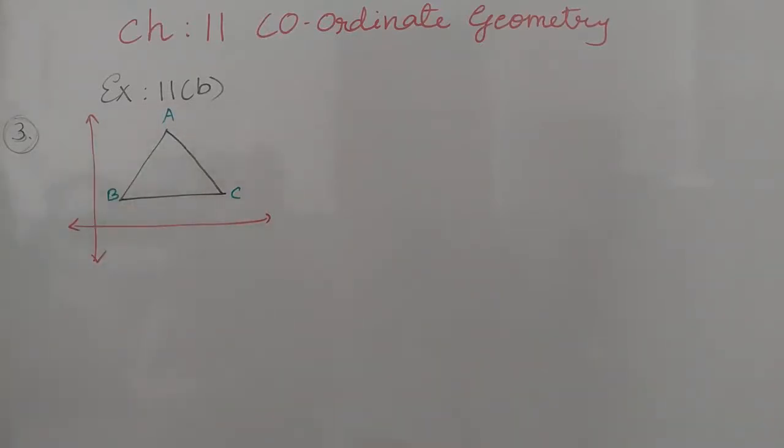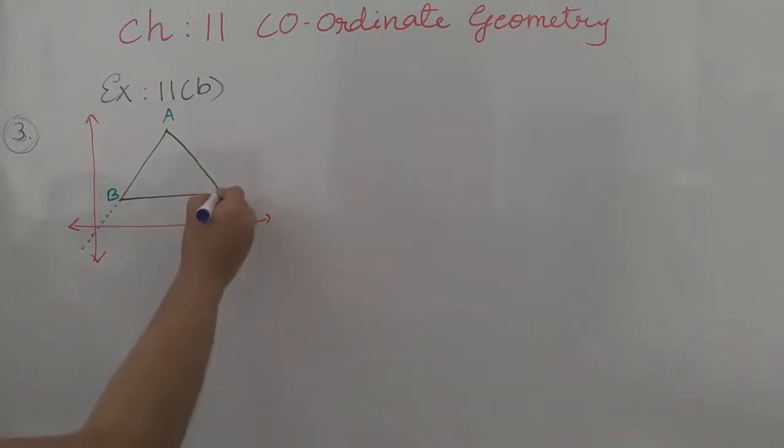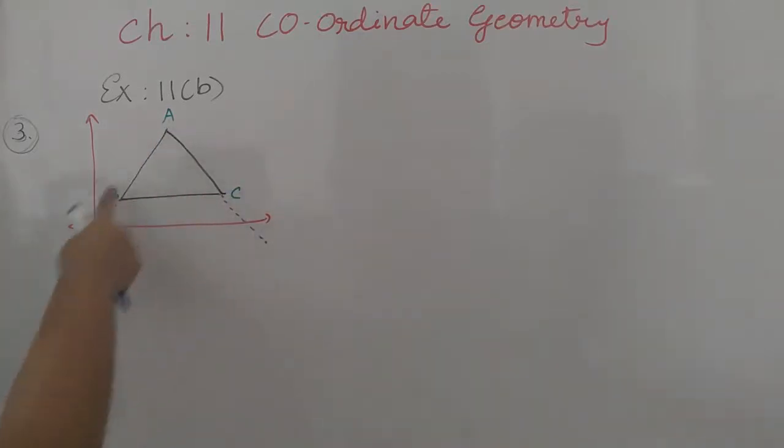Okay, now let us recall our definition of slopes. What is the definition? That it makes inclination with positive side of x-axis. It is called, in anti-clockwise direction, slope. So here students, let us extend this side here, this side here. So I have extended side AB and side AC.